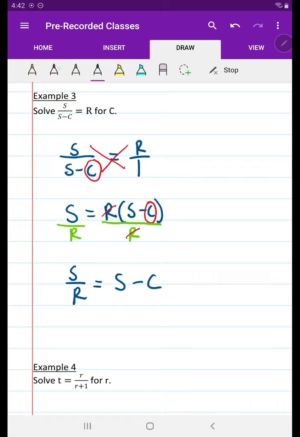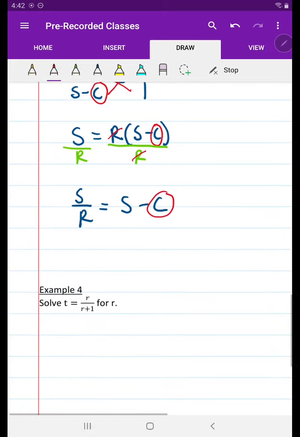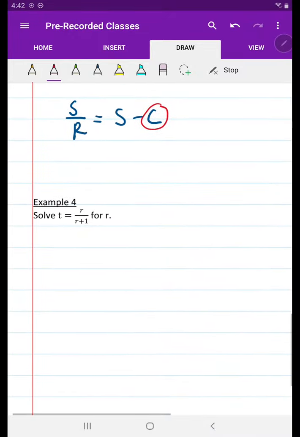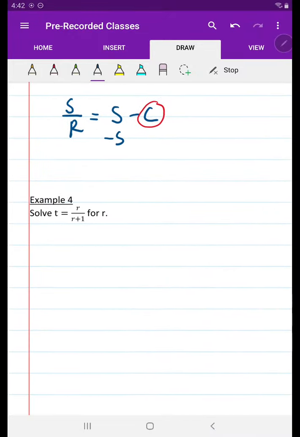And remember, we want to get c by itself, okay? So now what I could do is I could subtract s from both sides. So I will minus s. So now on the left, I have s over r minus s equals a negative c. I'd really like a positive c.